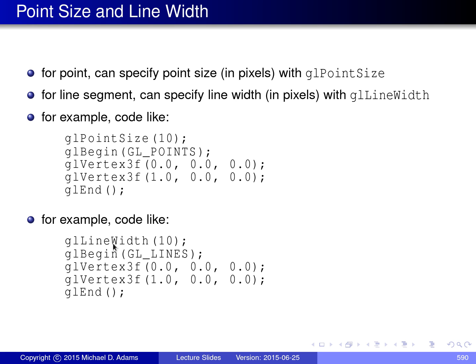On the other hand, if we're drawing lines using GL lines, so we say GL begin, GL lines, and we give it pairs of vertices which correspond to endpoints of line segments, this is going to draw a single line segment with one end at 0, 0, 0 and another end at 1, 0, 0. But because we call GL line width 10 before we specify these vertices, it's going to draw a thicker line, which has a width of 10 pixels.